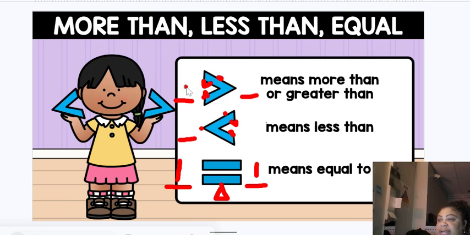So remember, this side is always the big number. This side is pointing to the little number. The arrow is always pointing to the little number. The alligator is always eating the big number, okay? That's the easiest way I can describe it, guys.